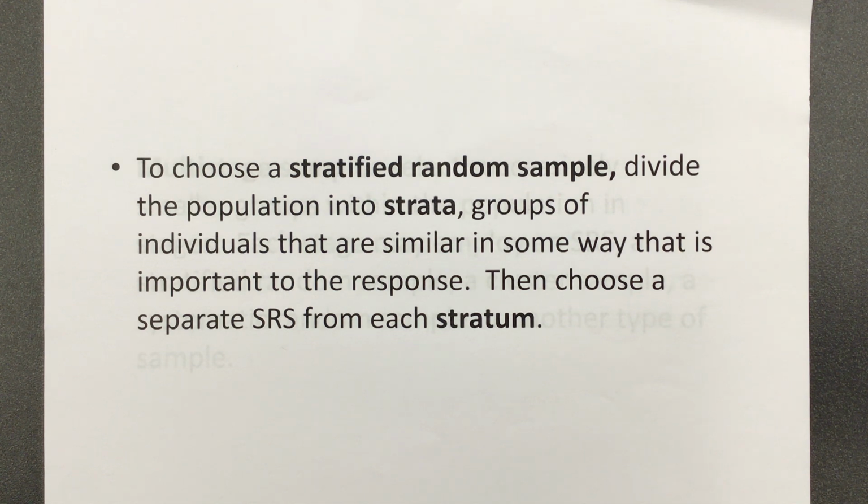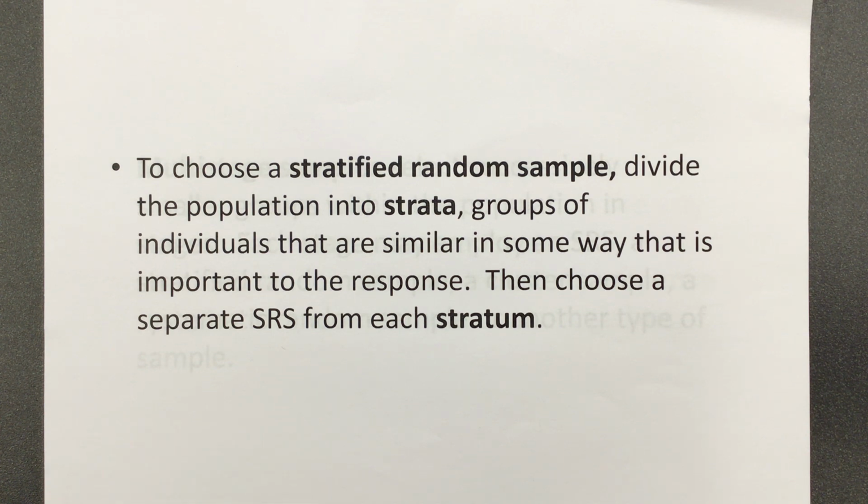Another type of sample that's fairly common is called a stratified random sample. This is used when our population has groups that could be very important to the outcome of our survey, and we don't want to over or underrepresent any particular group.